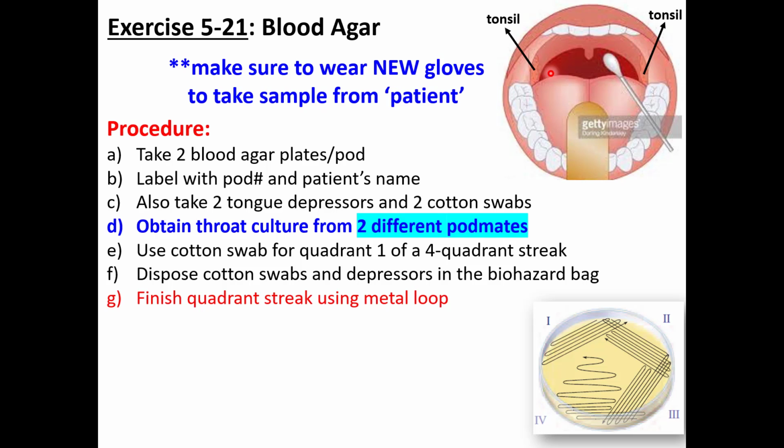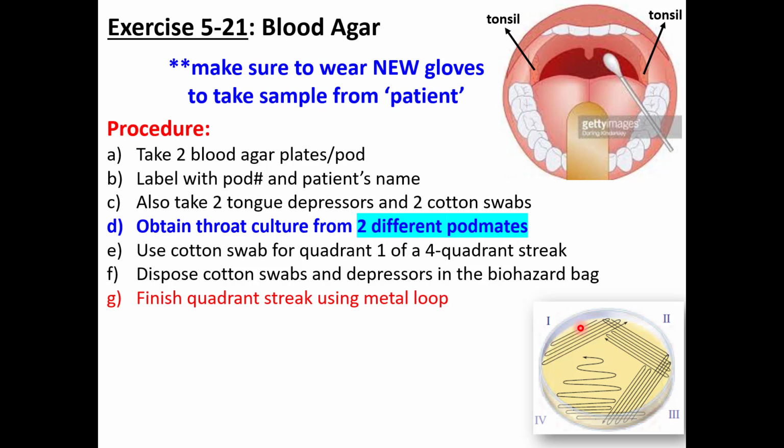We have a lot of bacteria in our throat, so it's a combination of the two things, because it's a clinical sample and there's a lot of bacteria. So if you want to get colonies, you have to do a 4-quadrant streak, not a streak line, because that's how you can identify different colonies, and some of them may do hemolysis, some of them may not, because you're not going to have just one bacteria growing on that plate.